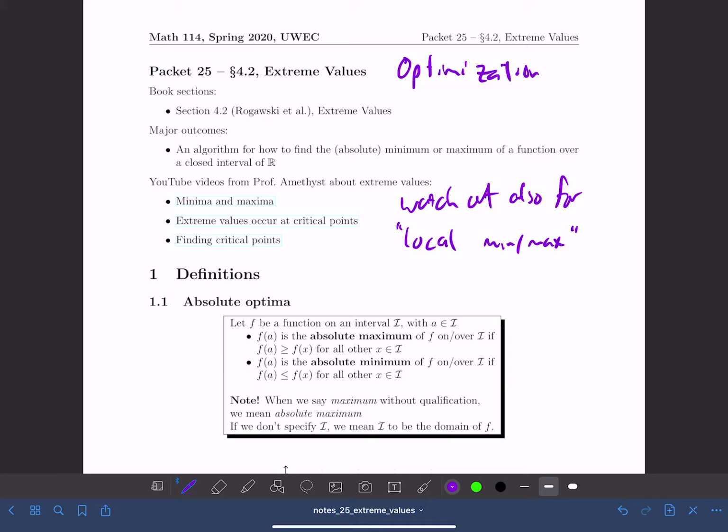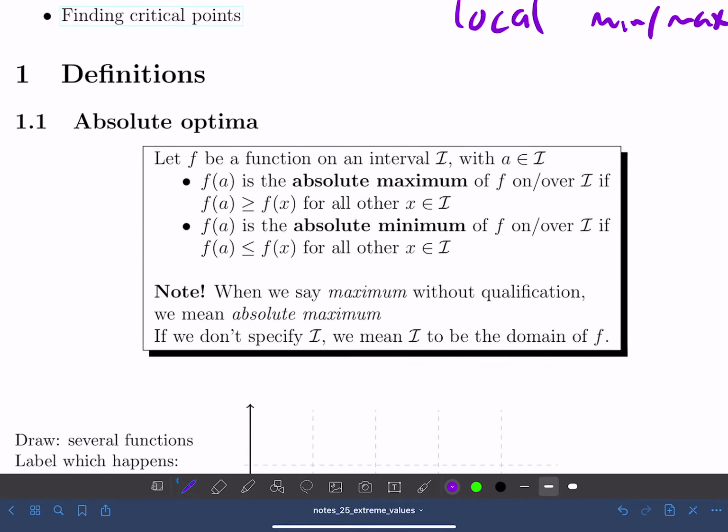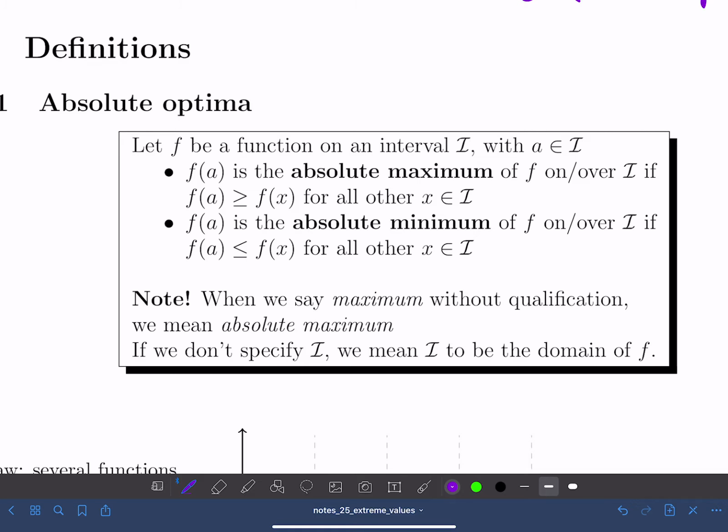So the first thing that we need to do when we set up optimizations is talk about optima. And so we're going to talk about absolute optima first. That's the first definition I'm going to give you, and then we'll do a couple of pictures to demonstrate it.